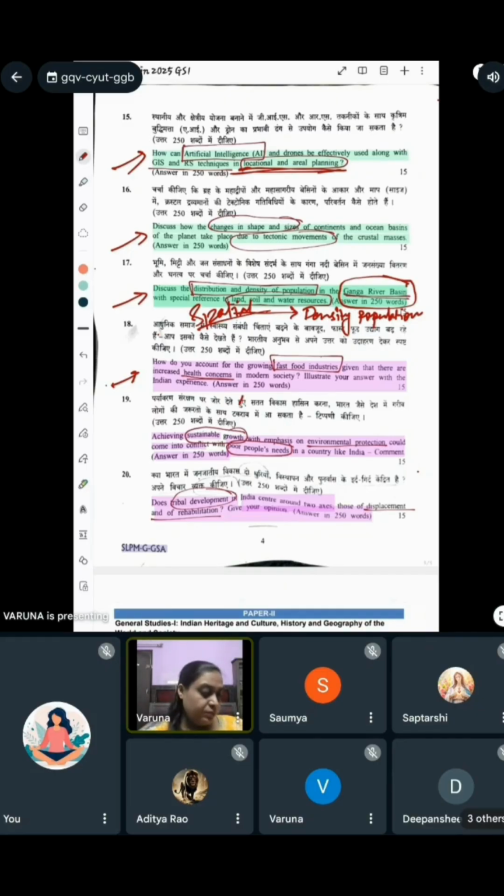Okay. As this particular question demands, how do you account for the growing fast food industry despite the health concerns? So this question is not demanding you to present the health concerns related to it, but despite the health concerns, why this particular industry is fast growing, that we have to present here.